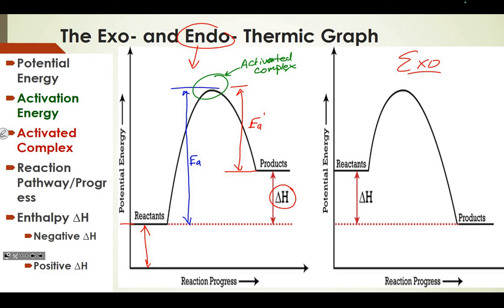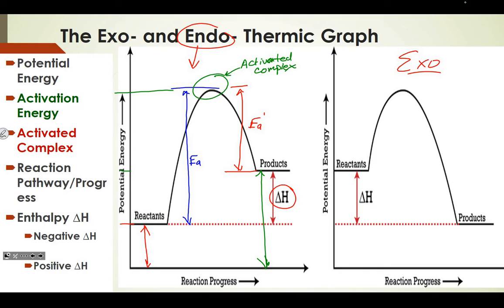Okay? You should be able to read off the energy of the products, which is the total reaction energy of the products, the reaction energy of the reactants, the activation energy. You have to subtract the activation energy of the reverse reaction, and be able to tell me what I have to get up to, to get to my activated complex. So it's just reading the graph.